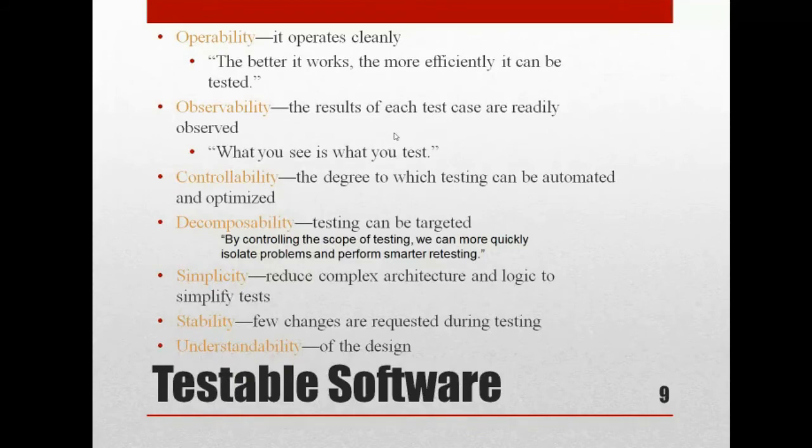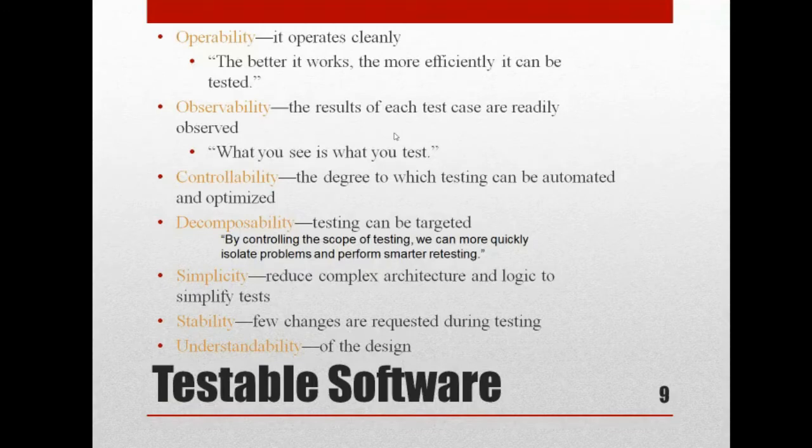Then next is simplicity. Reduce complex architecture and logic to simplify tests. What is simplicity? Forget about that text I told you now. Simplicity means, if you have a small number of tests, say for example 5 tests for a software, and within these 5 tests you are able to check all the testing possibilities, then that is good software.